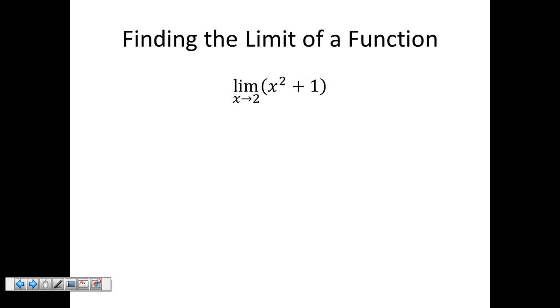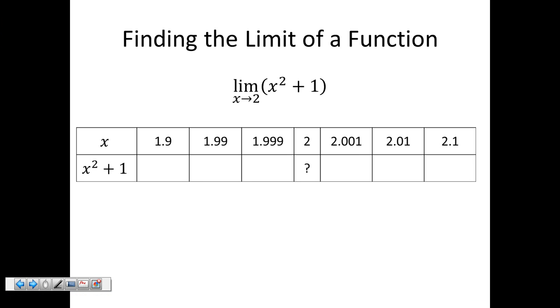Since we're making the promise right here that we're not going to plug in 2 into the function, we're going to take a table and plug in numbers that are really close to 2. I want to move closer and closer to 2 from both directions, but I never actually plug in 2 itself. I'll look at the numbers on either side of this table and see if I can make some sort of guess where these numbers are leading me.